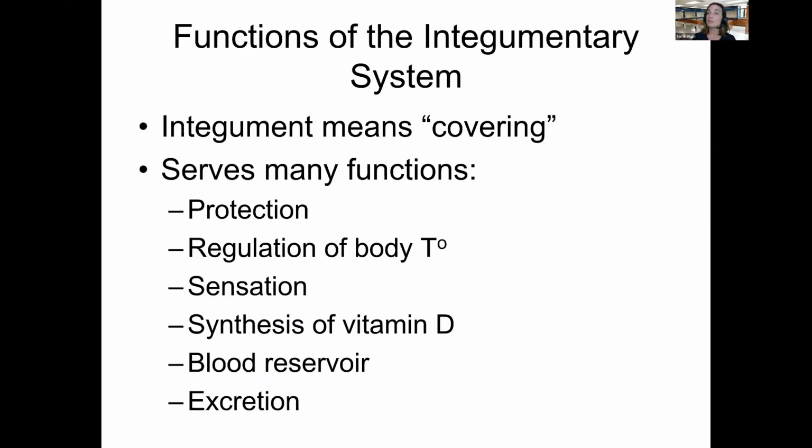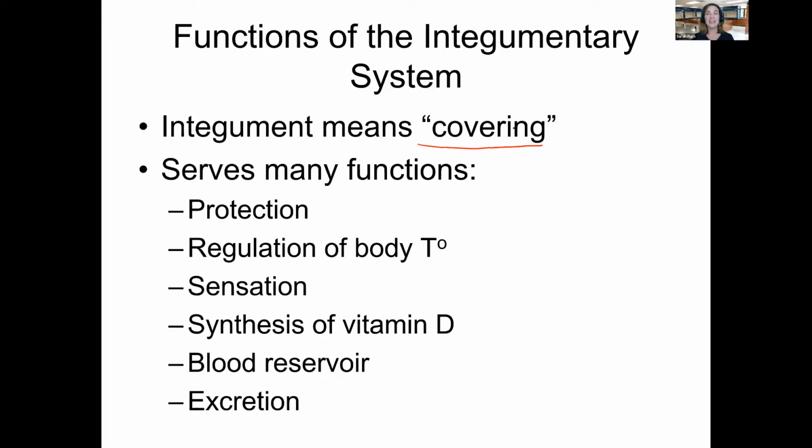I mentioned that we're going to start with functions of our skin. The reason that we say our skin is the integumentary system is that the term integument means covering. And all of the functions that are listed here are functions that your skin provides. So we're going to go into detail for each one of these. Now the first one that's listed up here is protection.